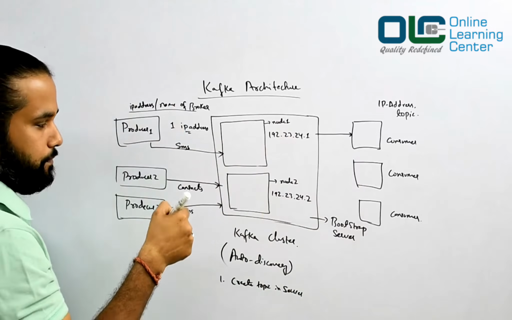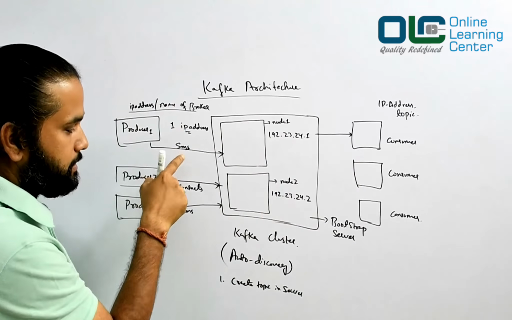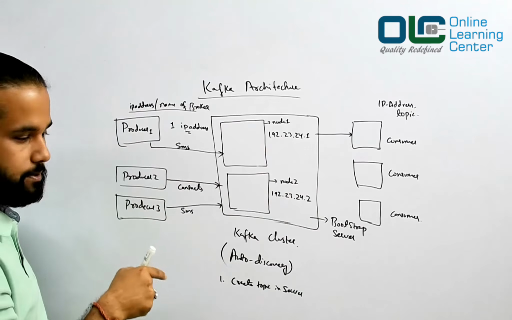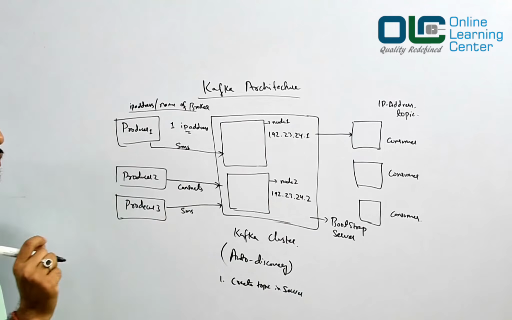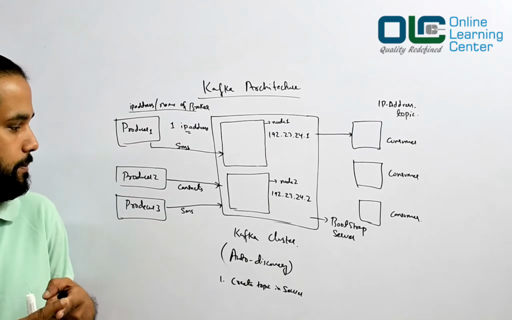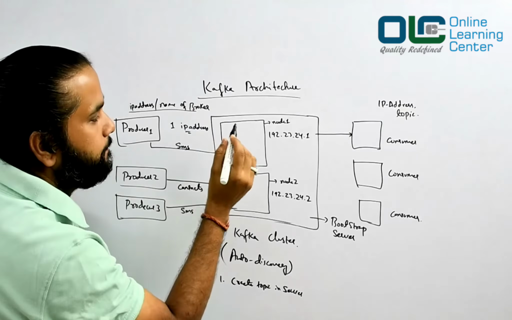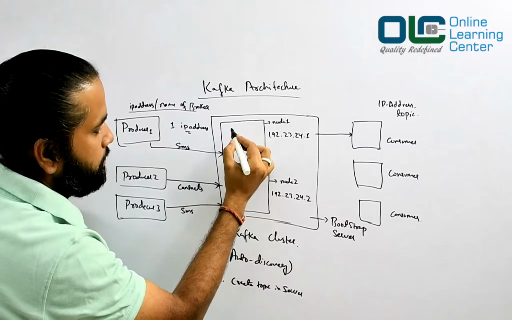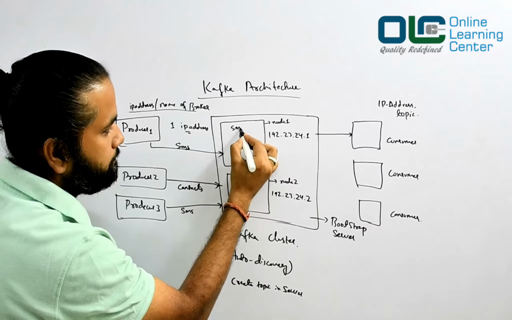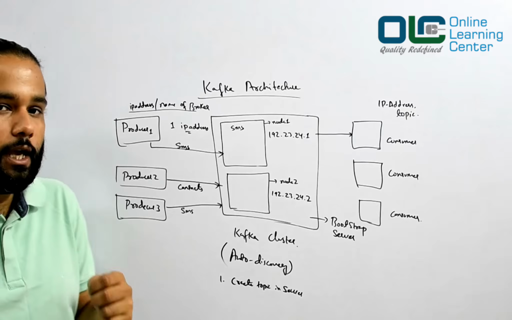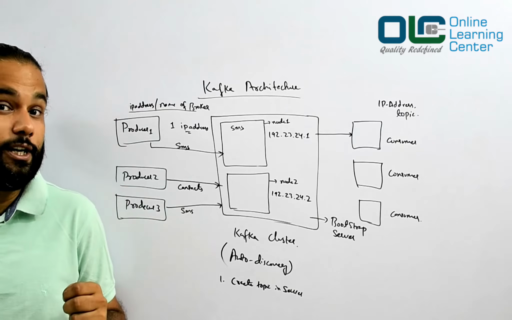Okay, so suppose I created a topic called SMS, I created a topic called contacts, right? So if you see this diagram, it says that you have right now 2 topics, SMS and contacts. Okay, so what will happen is under this machine there will be an SMS topic, and as you know, the data is actually stored in partitions, right?